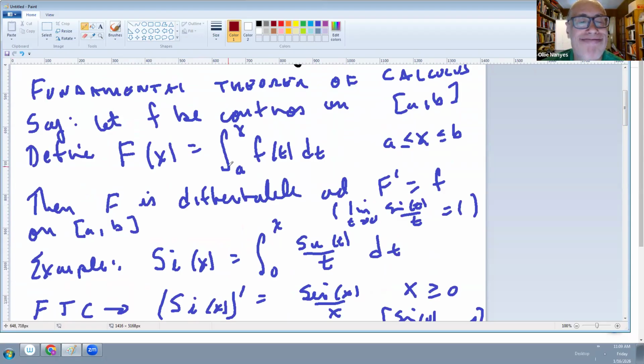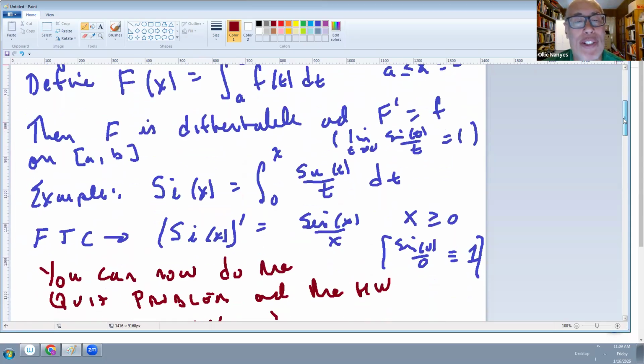First of all, the reason why we might want to do such a thing is that, for example, in this Si of x function, this integral by itself cannot be done by elementary means. This is what's known as a non-elementary integral. It has an antiderivative, but the antiderivative is not in our usual collection of functions that we discuss in calculus.